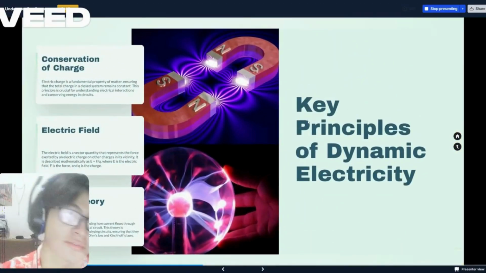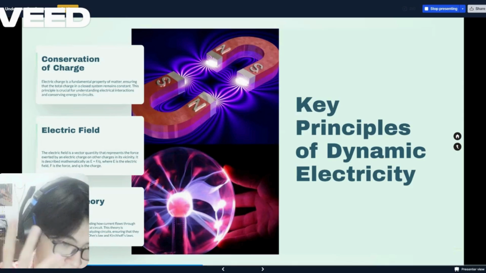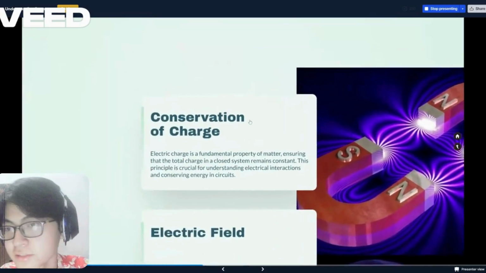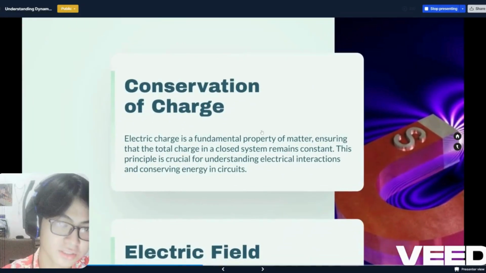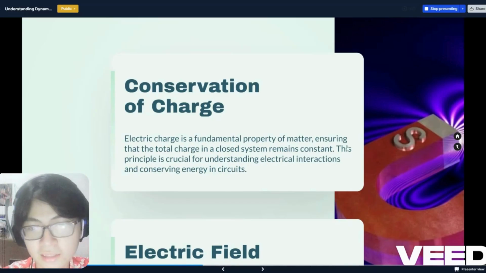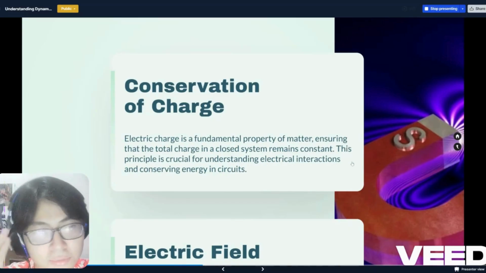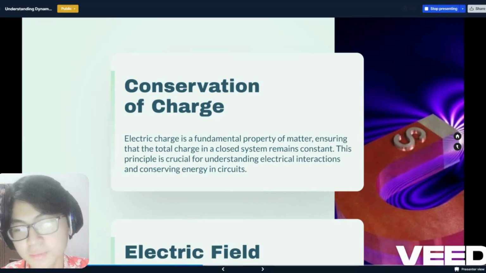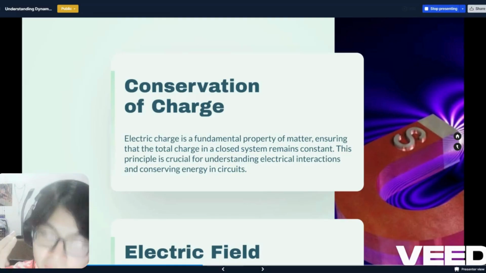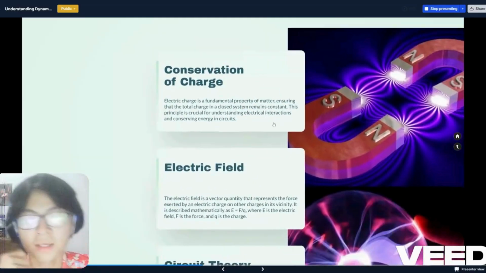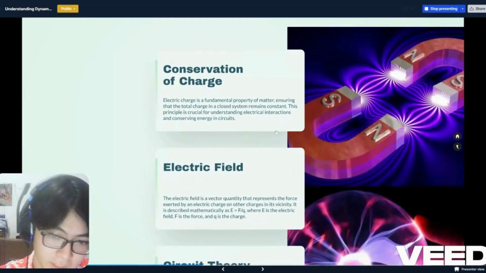So here are the three key principles of dynamic electricity, the first being conservation of charge. Electric charge is a fundamental property of matter, ensuring that the total charge in a closed system remains constant. This principle is crucial for understanding electrical interactions and preserving energy in circuits. Then we have the electric field.